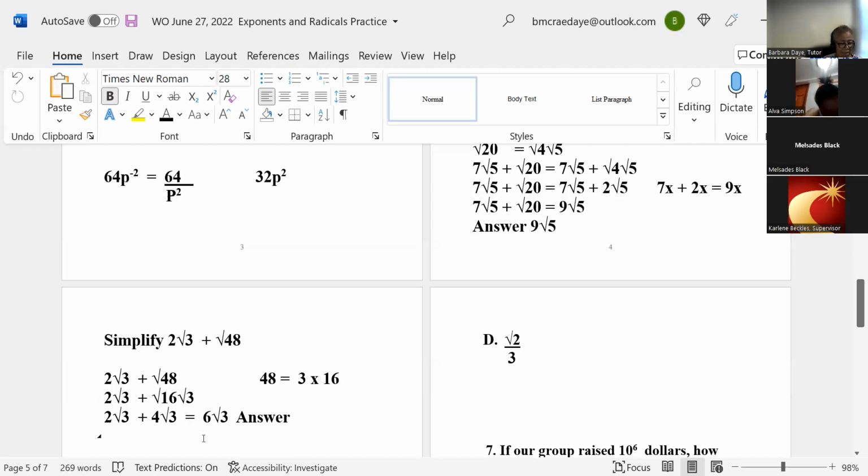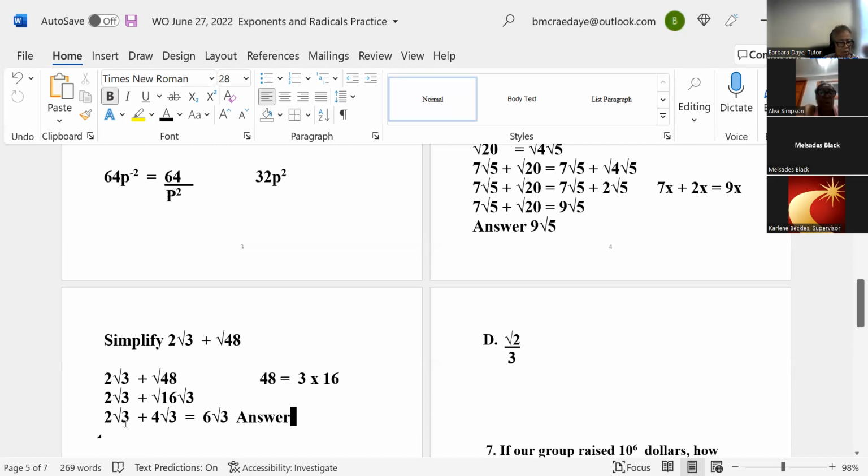Got it? Yes, I will review what you tell me on the recording again. All right. Just remember, when you get coefficients in front of the same radical, you can just add the coefficients, just like you do if they were in front of variables.